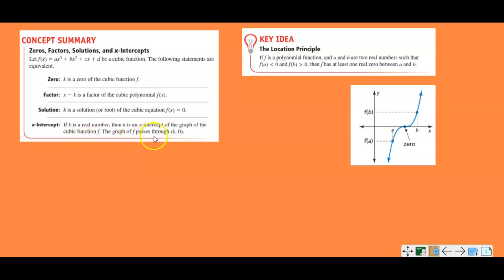The graph of f passes through (k, 0). All right, so again, these are equivalent. So you're going to see these different terms used throughout, especially when it comes time for standardized tests like the EOC. You will see these used kind of interchangeably. So those are all equivalent statements, definitions that you definitely need to be aware of.